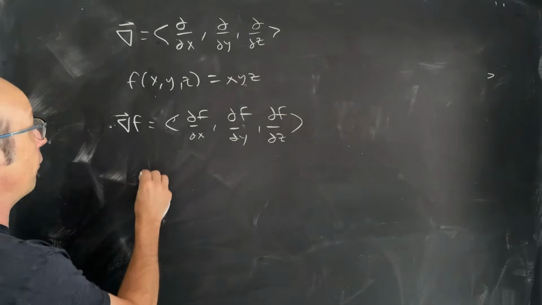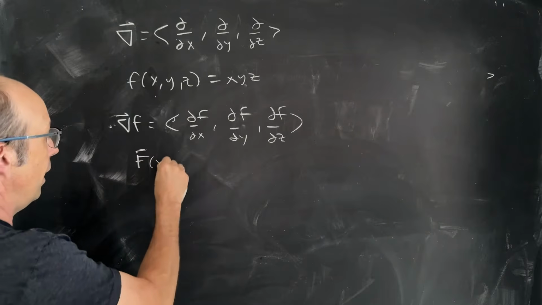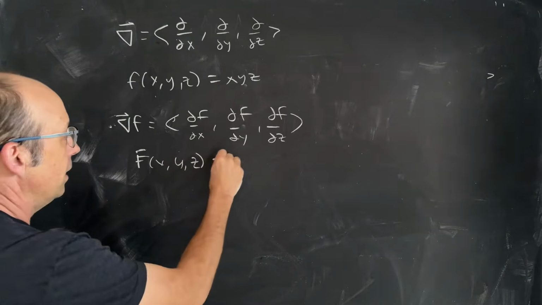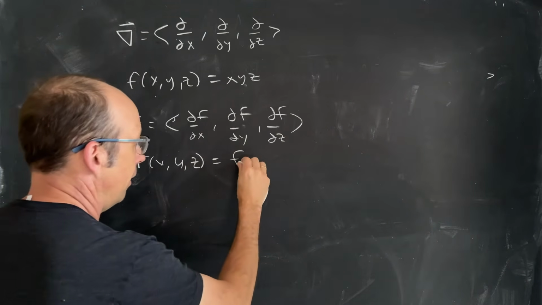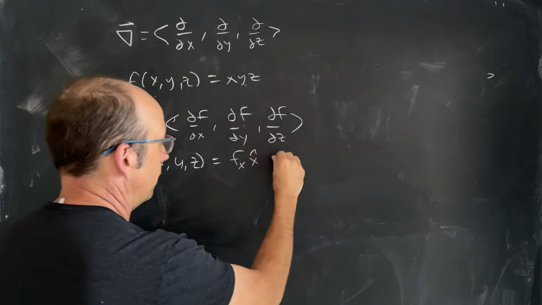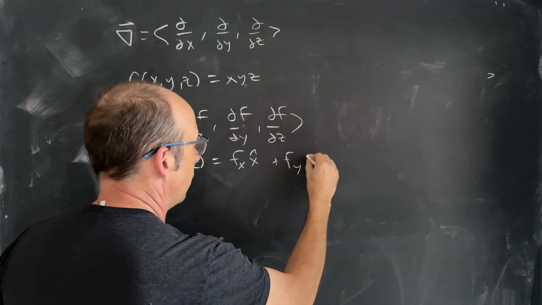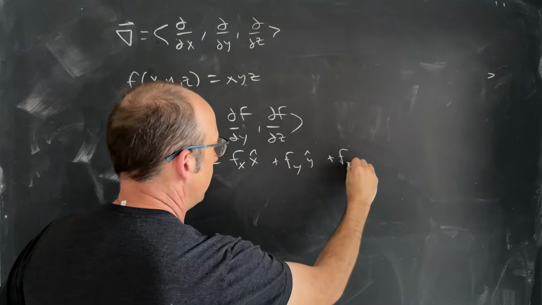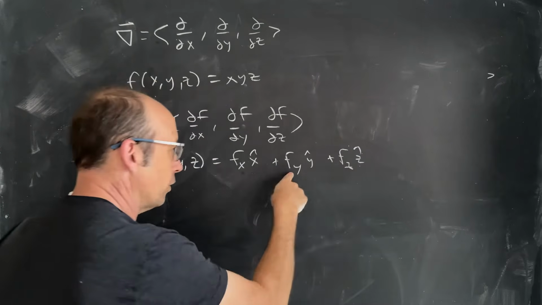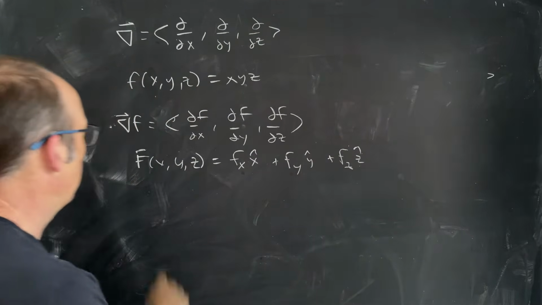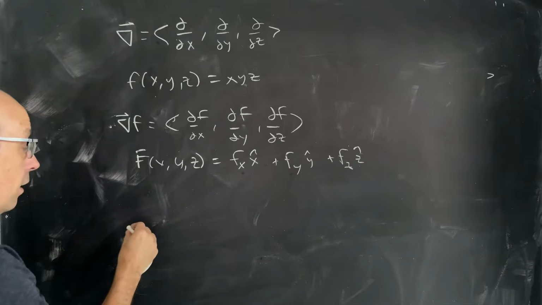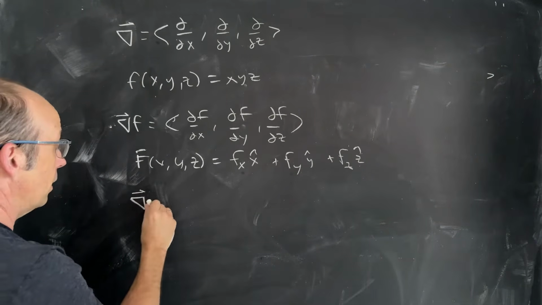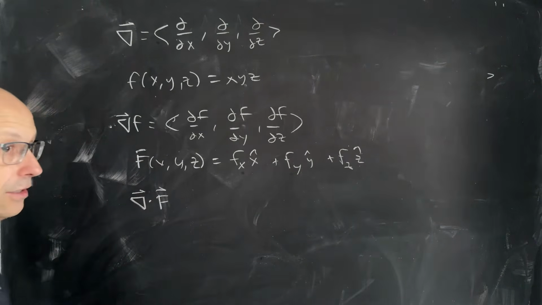The next thing we have is called divergence. So now suppose I have a vector function, F of x, y, z equals Fx x hat plus Fy y hat plus Fz z hat. So these are functions of x, y, and z also. Well, the divergence is just going to be del dot F. So now I just do the dot product.